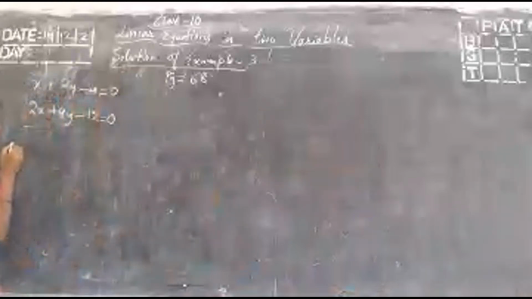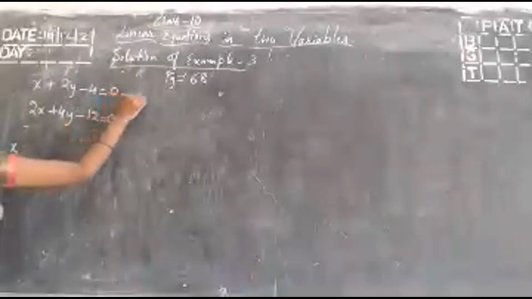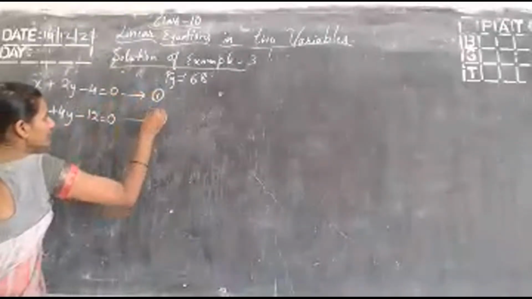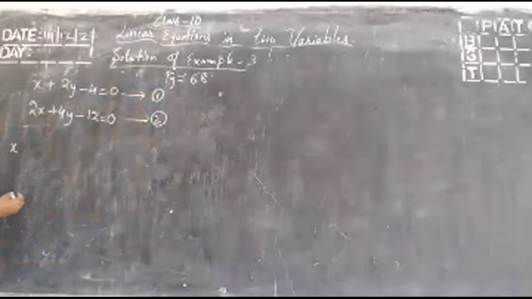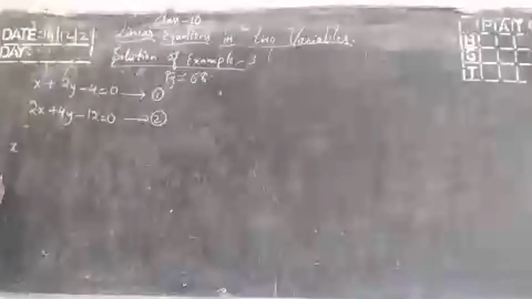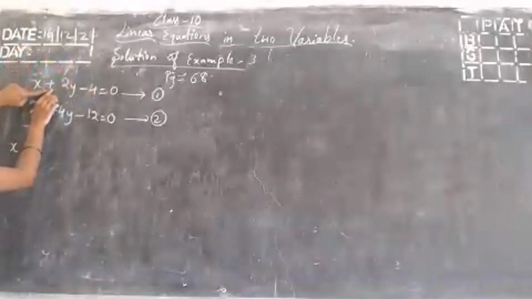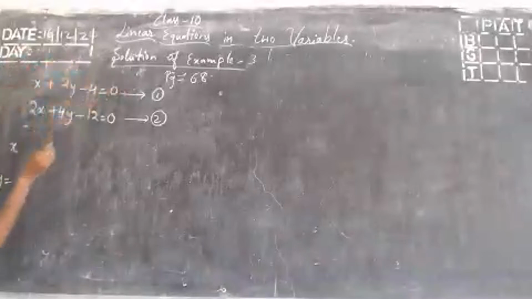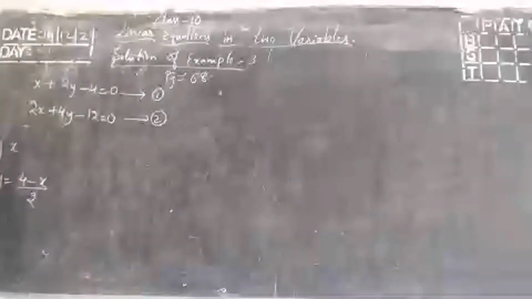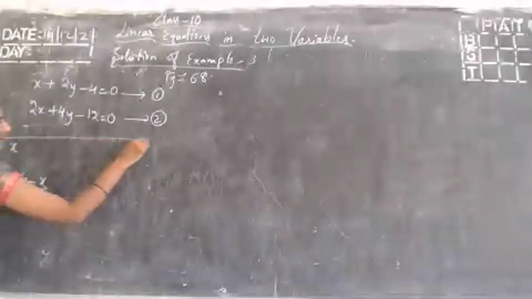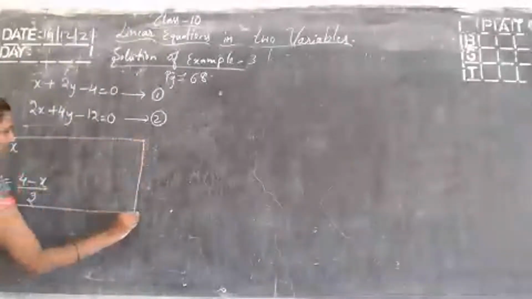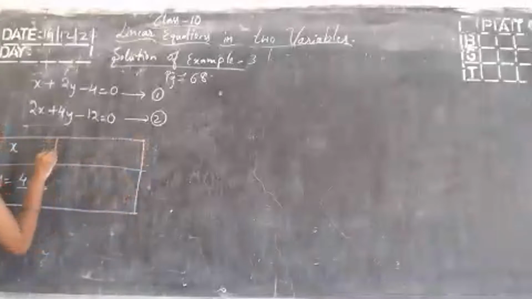So take the first equation as 1 and the second equation as 2. So x plus 2y minus 4 is equal to 0. Y has a plus value, so send the rest to the right side. It becomes y is equal to 4 minus x divided by 2. What values will you put here? Whatever you want, you can take.